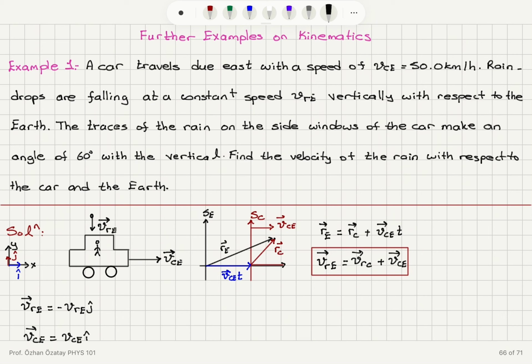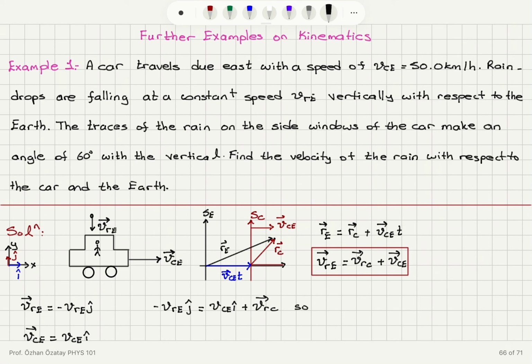So if I plug this into the Galilean transformation equation, I will find that minus VRE j hat is equal to VCE i hat plus velocity of the rain with respect to the car.